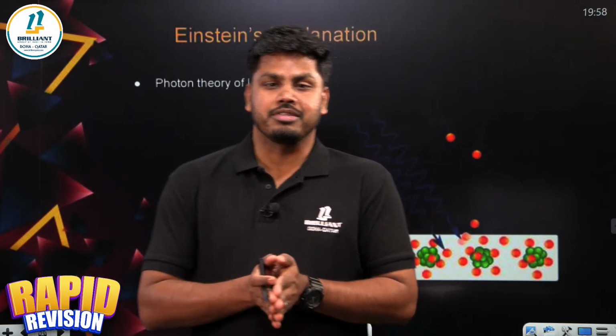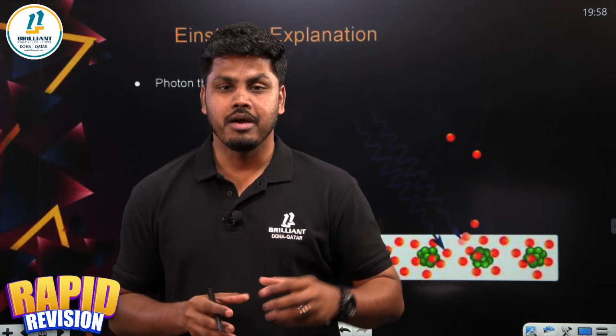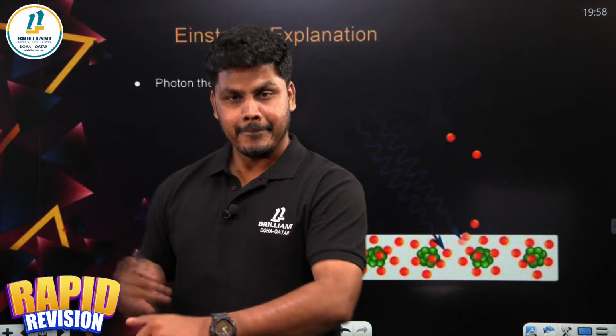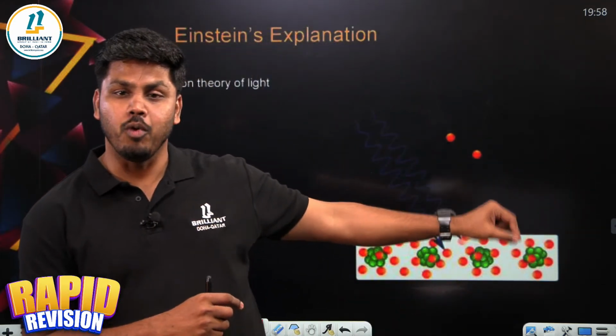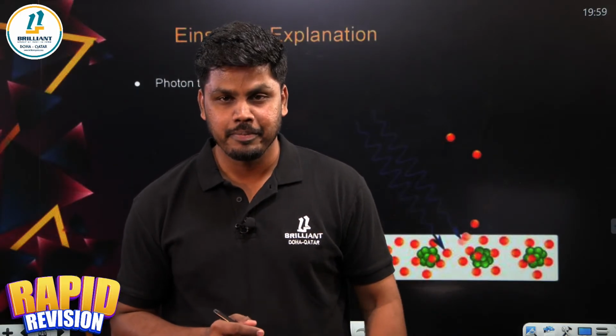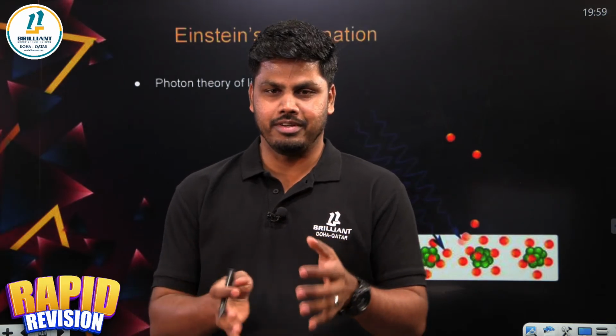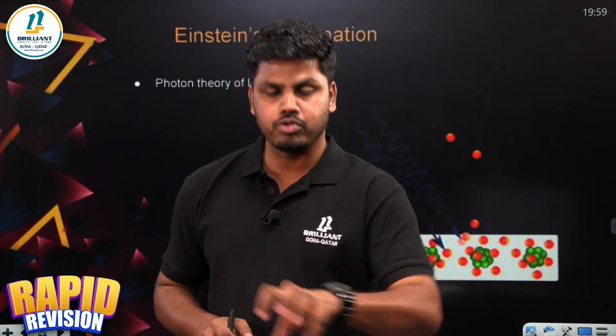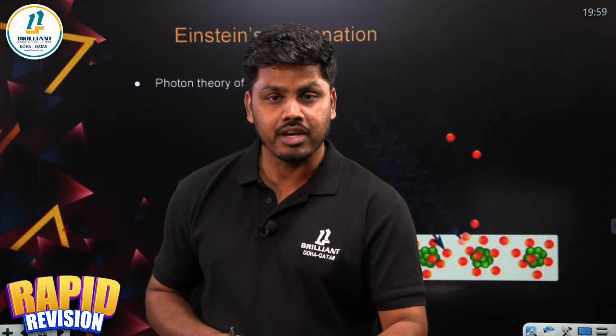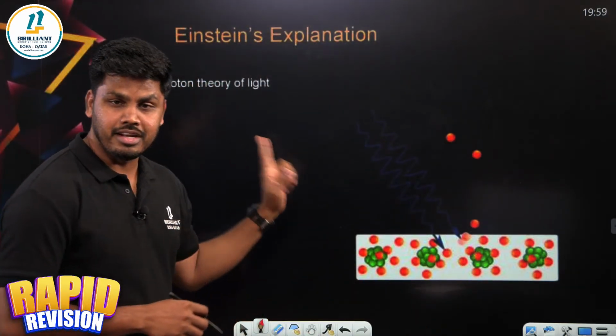Some phenomena can be explained only using the particle nature of light, for example photoelectric emission. Some other phenomena can only be explained using the wave nature of light, for example interference and diffraction, which we discussed in wave optics. Those concepts can be explained only using the wave behavior of light.